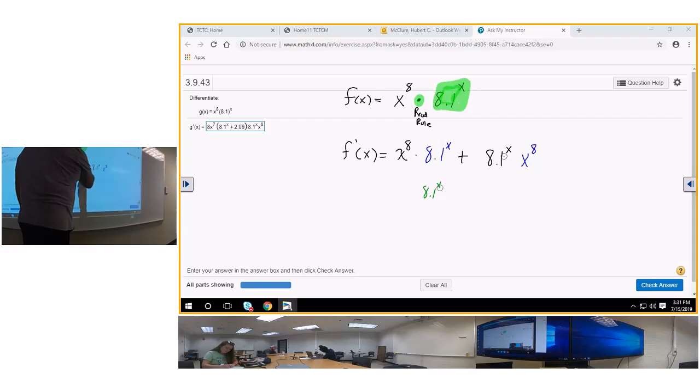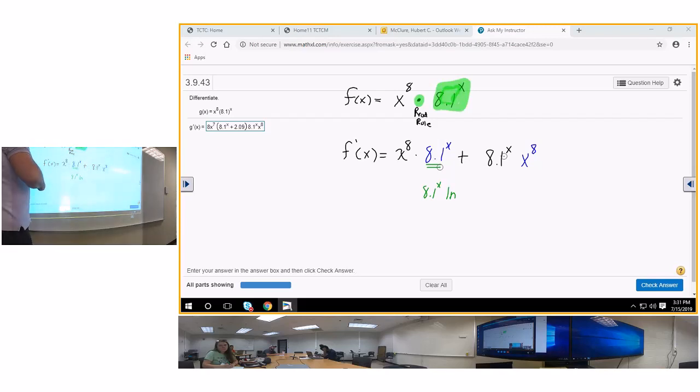With a rational exponent, you rewrite it as the function itself times the natural log of what? 8.1. Just underline it twice for those that are paying attention.